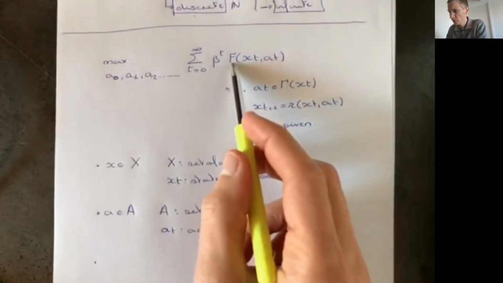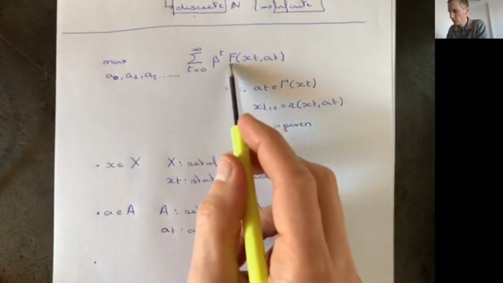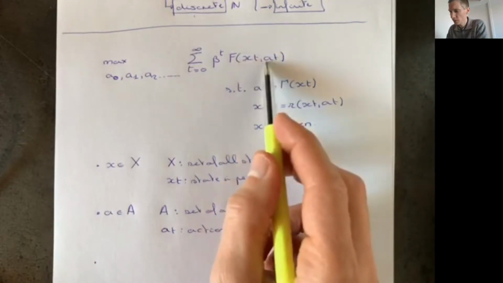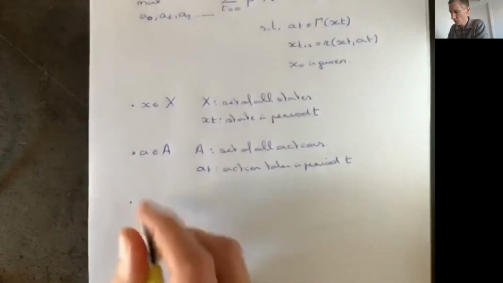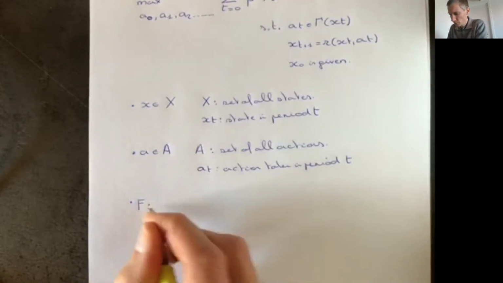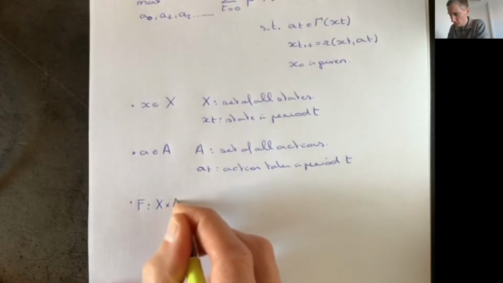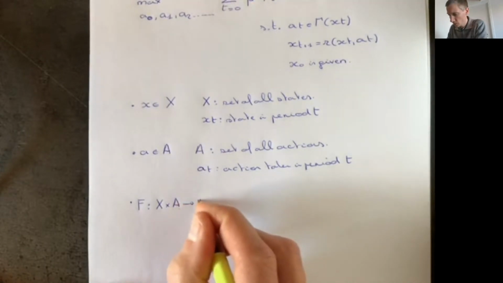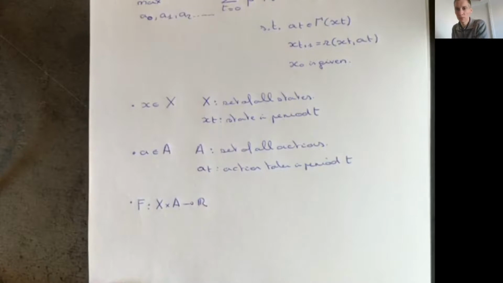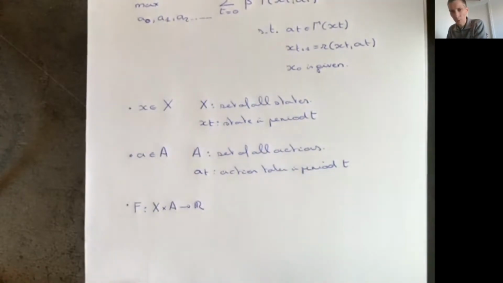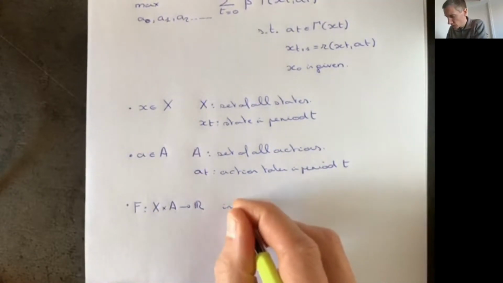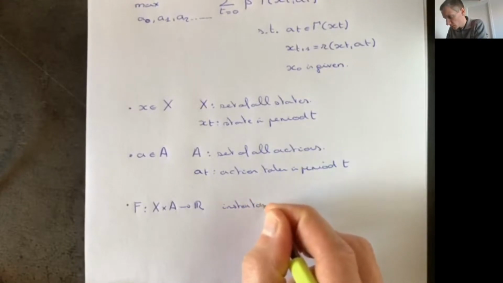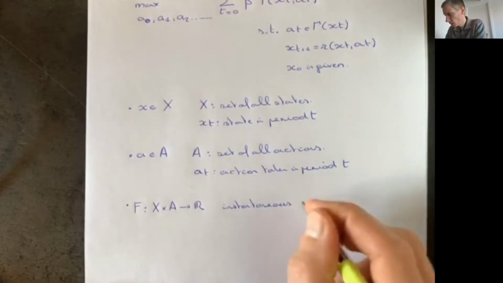Okay, so now let's look at the third thing. The third thing here is this f, right? And you see that f takes a state and takes an action. So f is going to be a function of X times A, right? It takes a state and an action, and it gives us a real number. So it's a real valued function, and you call this f the instantaneous payoff function.